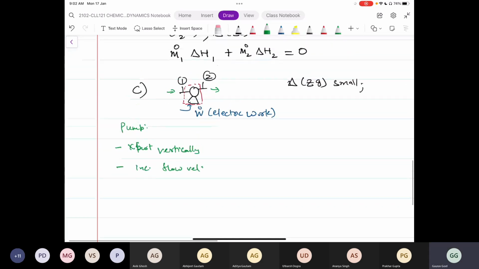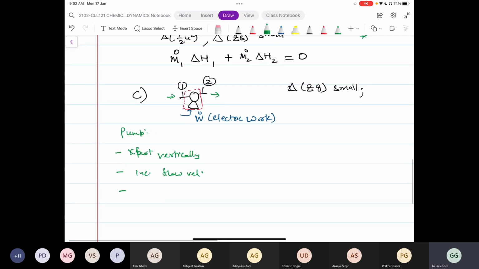That could be my main purpose. Or I want to increase pressure. Okay, so depending on which kind of pump you are dealing with, you will have a different simplification of your generalized energy balance.